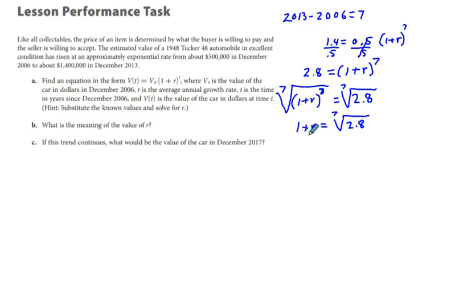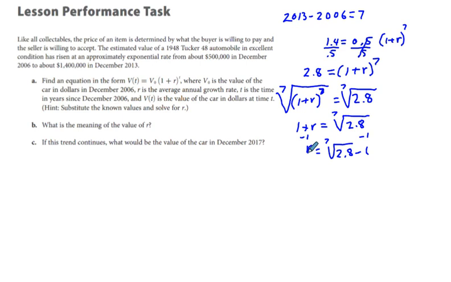Then we can subtract 1 from both sides of this equation. r is equal to the 7th root of 2.8 minus 1.